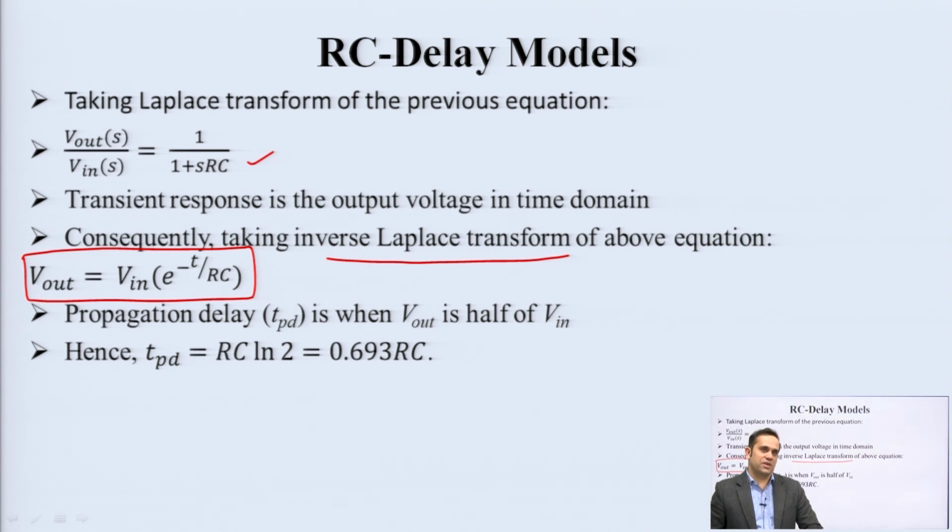Propagation delay, by definition, is the time when my output voltage is half of my input voltage. So, I change the voltage at my input, and I observe when 50% of that appears at the output. The time it takes for that to happen is the propagation delay from the input to the output.